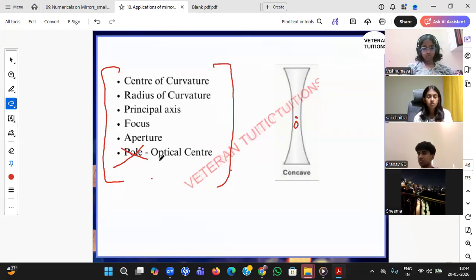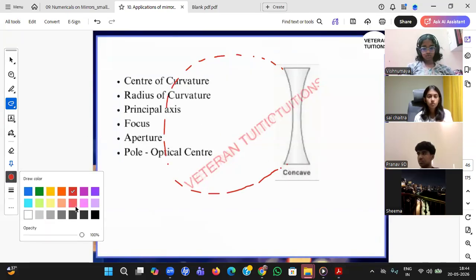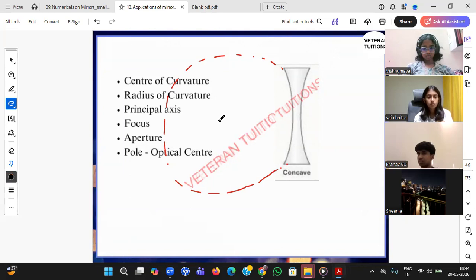Okay. Yes, Lavanika. So center of curvature. What is center of curvature, Lavanika? If we assume the spherical mirror to be a part of a whole circle, then the center of the circle from which you draw the radius is the center of curvature. Absolutely.